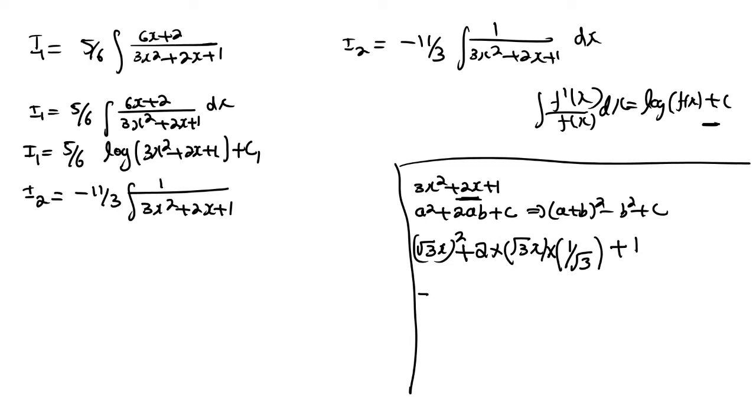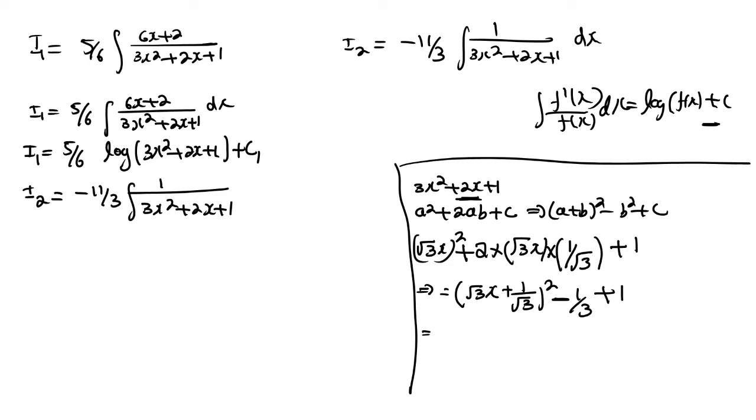You can rewrite it as root 3 into x whole square, this implies a plus b whole square: root 3x plus 1 by root 3 whole square, a plus b whole square minus b square, that is 1 by root 3 whole square is 1 by 3, plus c.